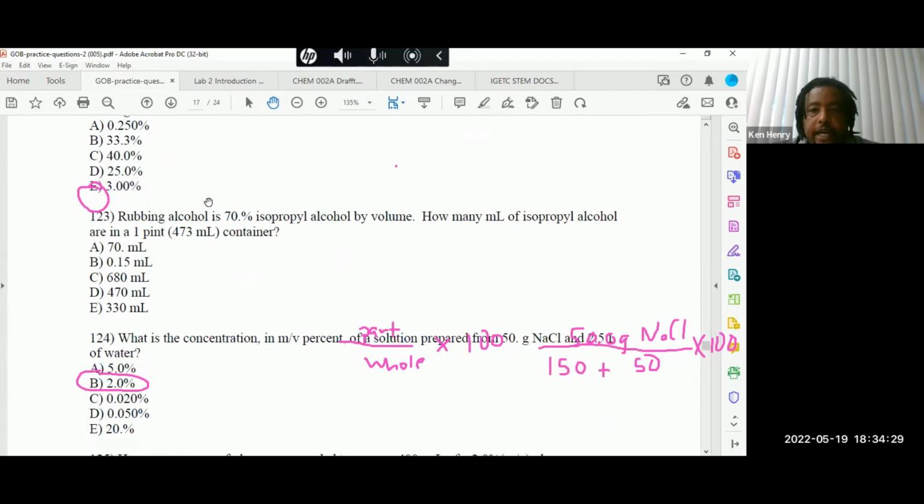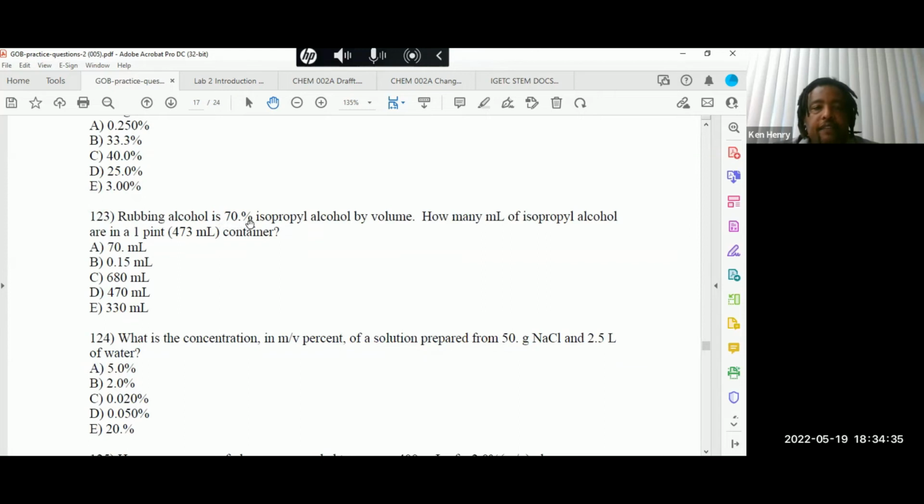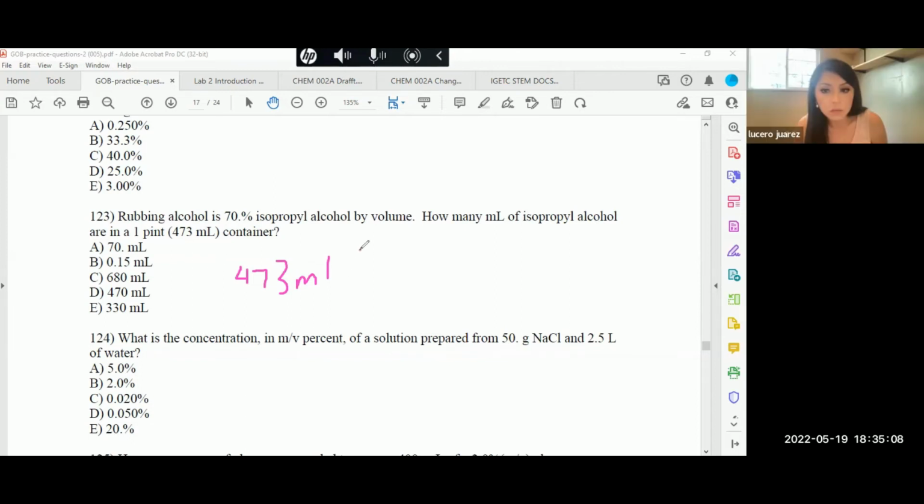Our next question says, rubbing alcohol is 70% isopropyl alcohol by volume. How many milliliters of isopropanol are in a 1 pint container? If all together we have 473 milliliters, and 70% of it is isopropanol, then we just multiply this by 0.7.